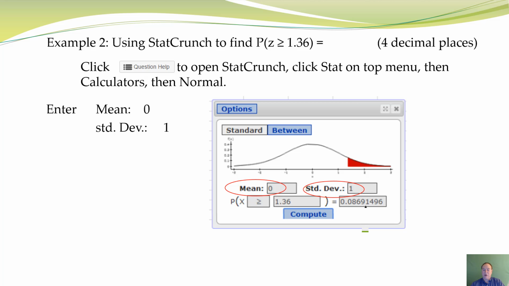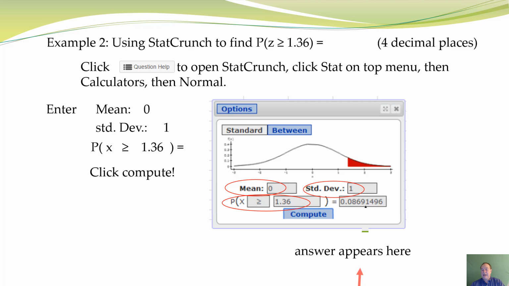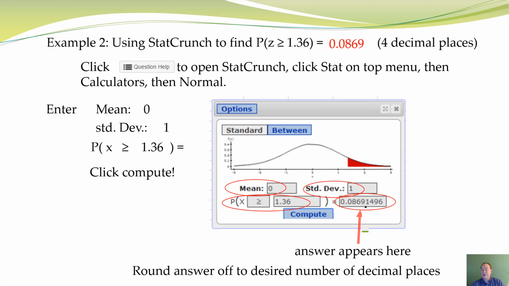Then I'm going to choose greater than or equal to 1.36, click Compute, and my answer would be 0.08691496. Round it off to the desired number of decimals, and we get the same answer we got using the tables. Now, let's look at going through it in StatCrunch.